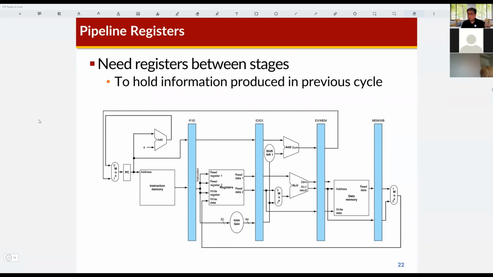First, we need to use pipeline registers. You may be confused, thinking this is similar to the general purpose register in the processor. No, it's totally different. This pipeline register is just a flip-flop.